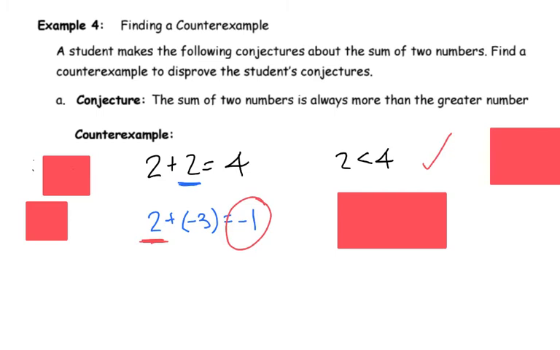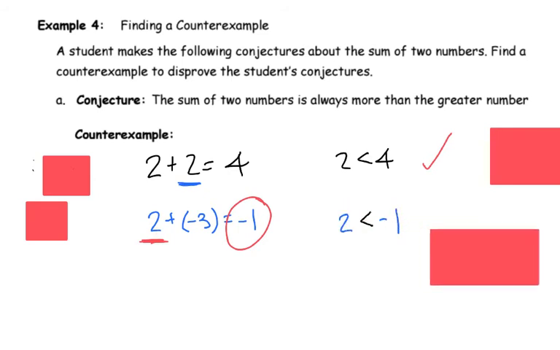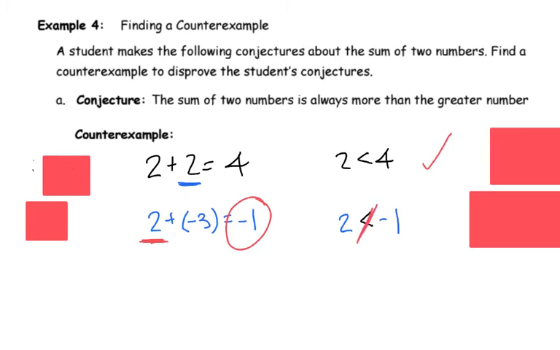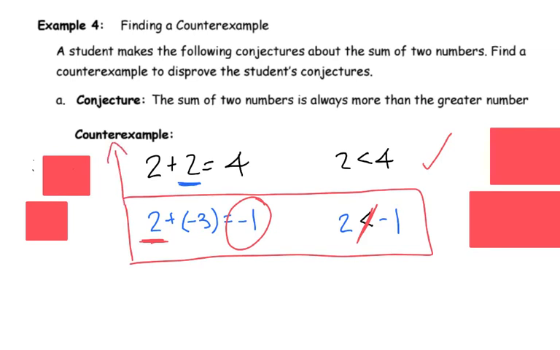According to the conjecture, the sum should be greater than this number. I said that backwards, my bad. So what you should notice is that this is actually not accurate. Negative 1 is not greater than positive 2. So this would serve as our counterexample, okay?